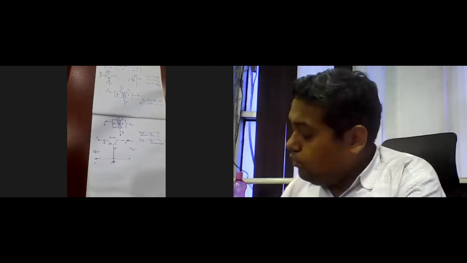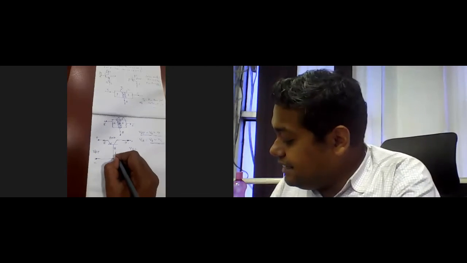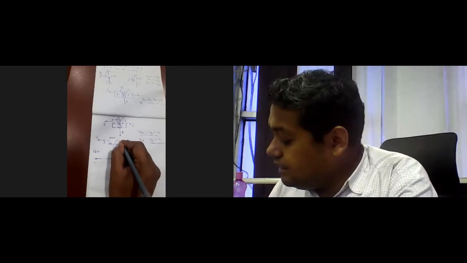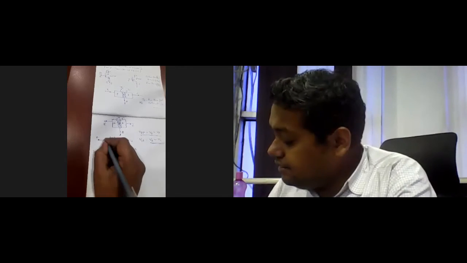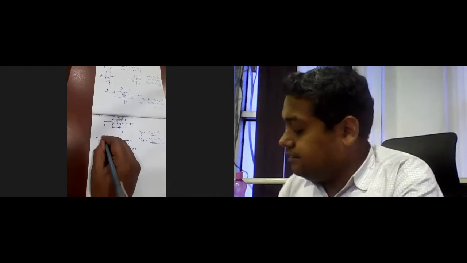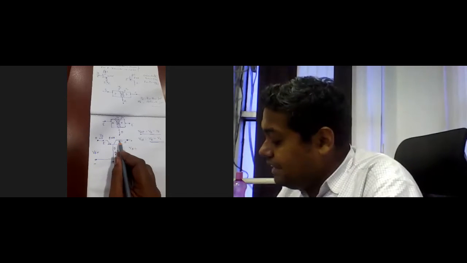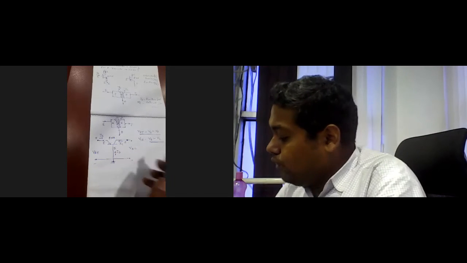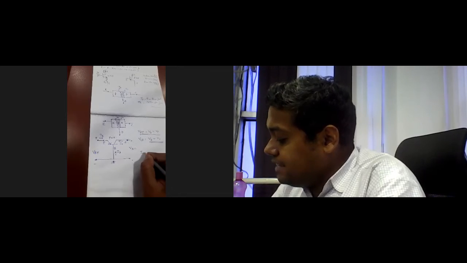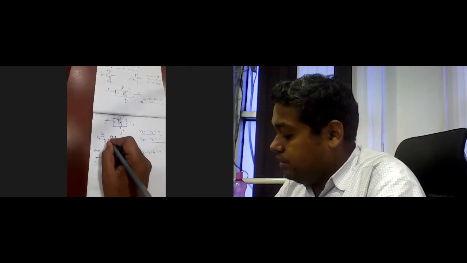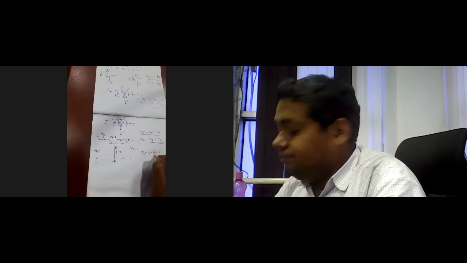For that case, here it is IB, this is IC, and this is IE. This current is flowing in this side, so it is IE. This current is flowing in this side, that is IC and IB. If we apply Kirchhoff's current law at this node, IB plus IC plus IE is 0.